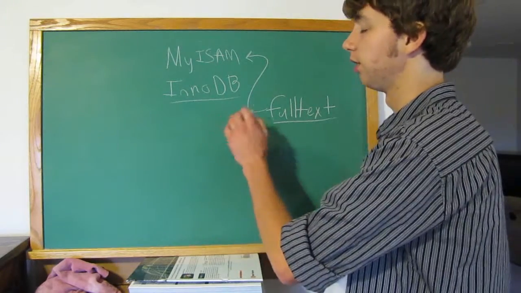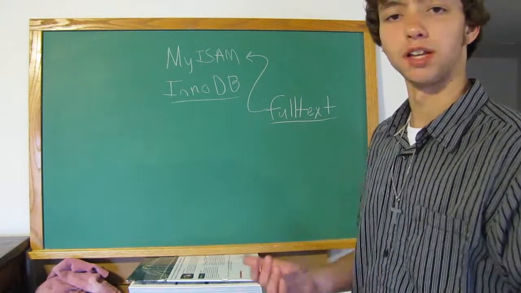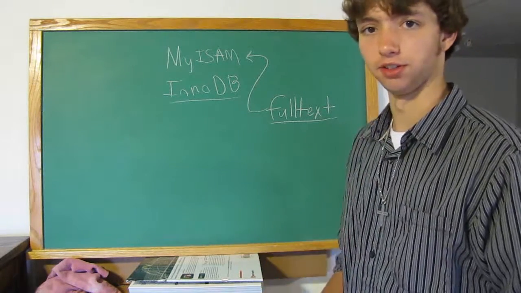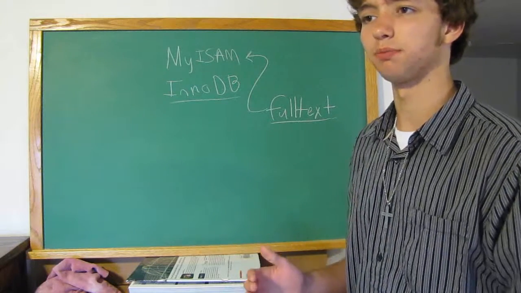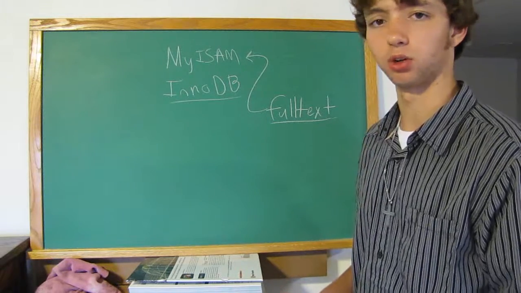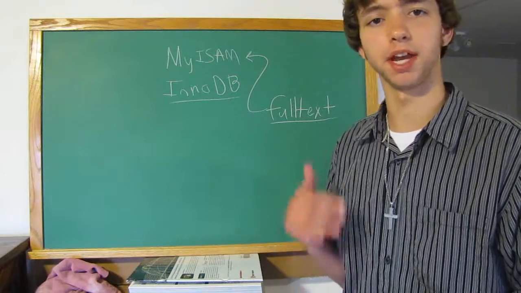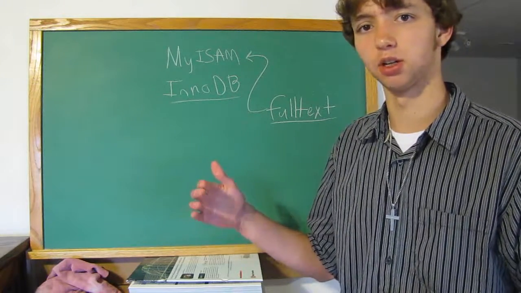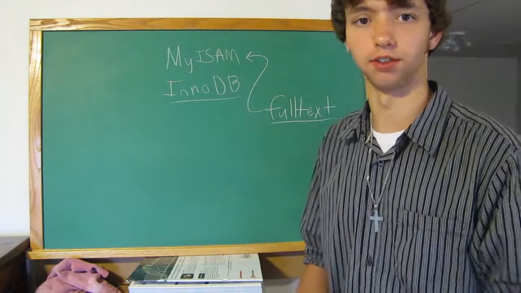Now InnoDB, on the other hand, supports transactions. And what a transaction is, and we'll get into this in future videos, basically if you need something to make sure it's completed. So let's say we have a query where we take $500 from somebody's account and then we add $500 to somebody's account. Sort of like transferring money in a bank system. That's a good example.